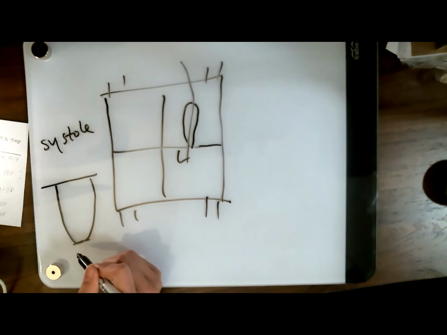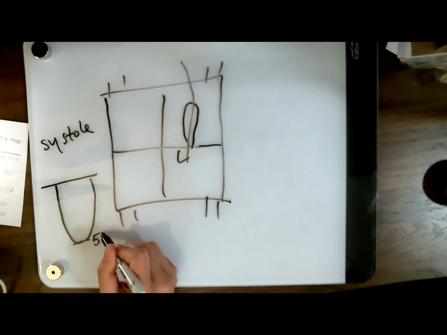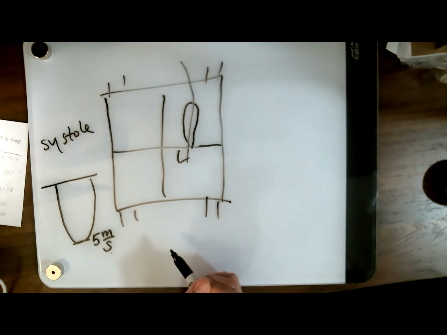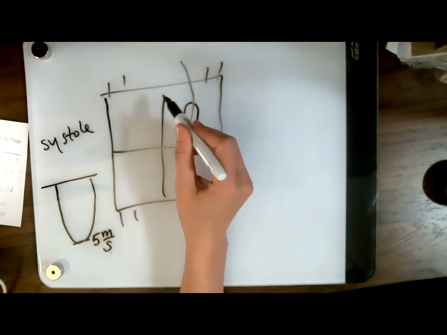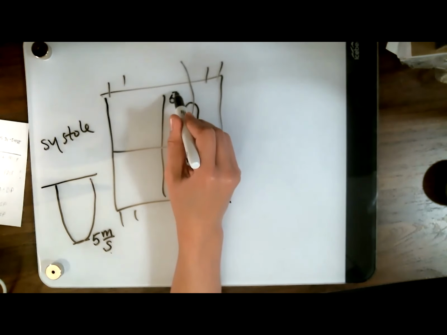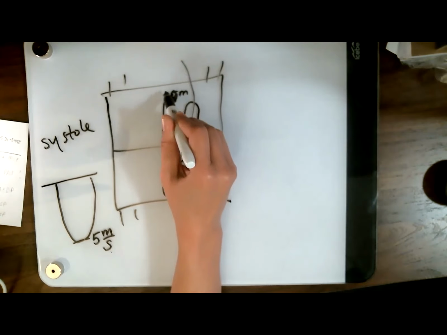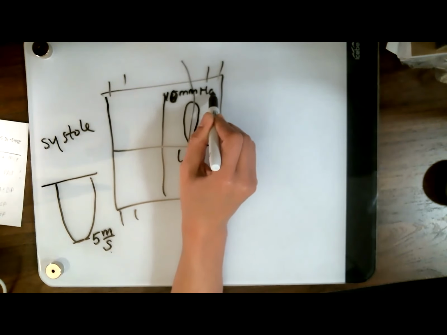Let's give this a nice hearty number of 5 meters per second. Let's say the LAP is 10 millimeters of mercury.